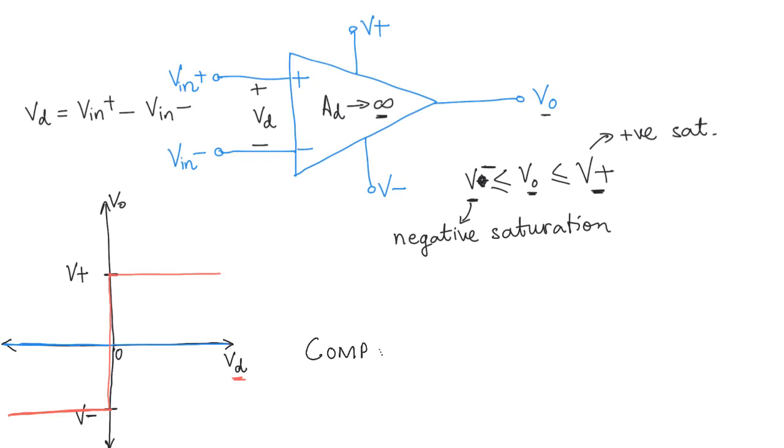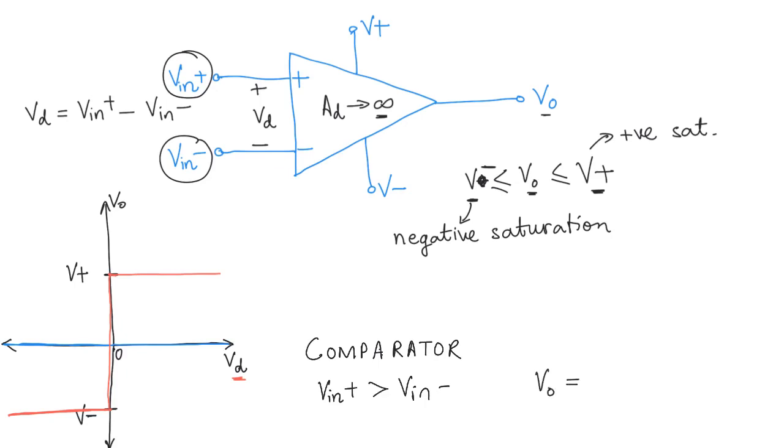And you can easily see why. It's called a comparator because it is comparing these two voltages that are being given at the input. So if V in plus is greater than V in minus, then our V output is going to be equal to V plus.